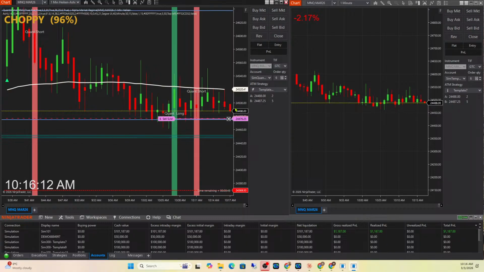Honestly, this is not the best trade, to be honest, because it's choppy already. But I will take it. When you have a market choppy like this, it's better to wait for the breakout, but I will take this trade anyway.